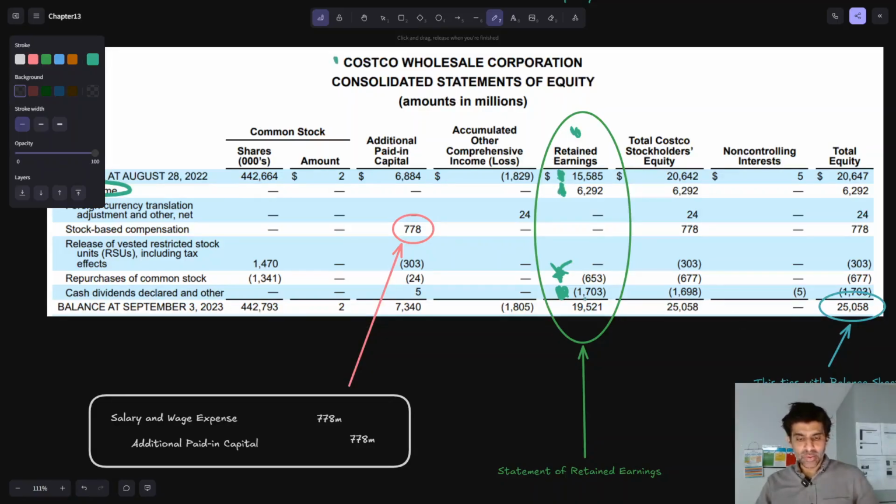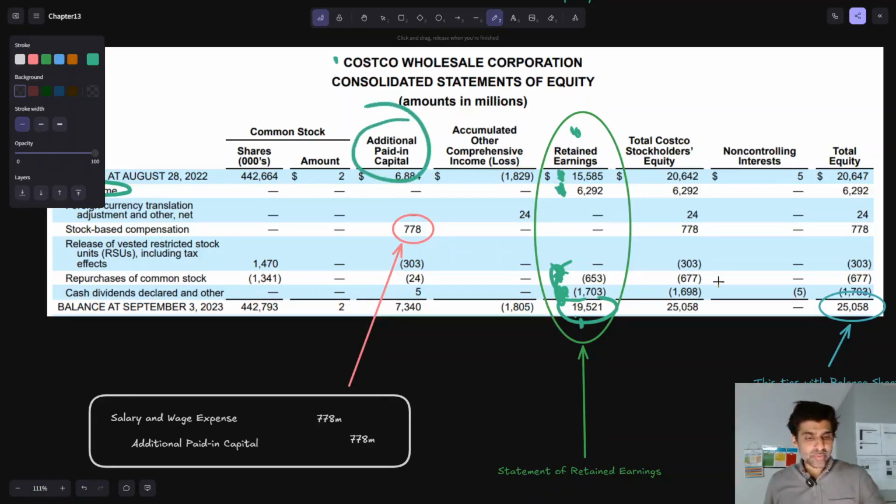So their retained earnings still went up because they're still reinvesting in the business. You can think about it like that. These two, dividends and treasury stock transactions, are ways the company returns profit back to shareholders. But you can see that they're not returning all of it. They're still earning much more than they're returning to shareholders. That's why retained earnings went up.